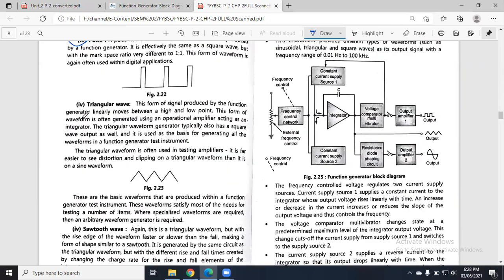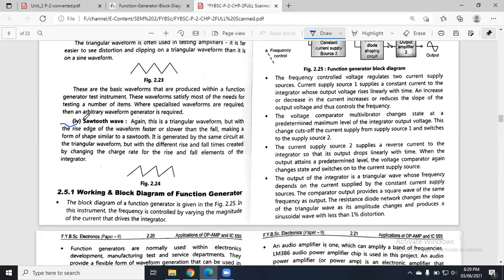Next up, we have a triangular wave: rising edge, falling edge, rising edge, falling edge, rising edge, falling edge. That is your triangular waveform. We have seen one application of op-amp in which if we apply a signal to the operational amplifier, it is going to produce a triangular waveform, and that function was op-amp as an integrator. Correct. After that, there is a sawtooth wave. What is a sawtooth wave?